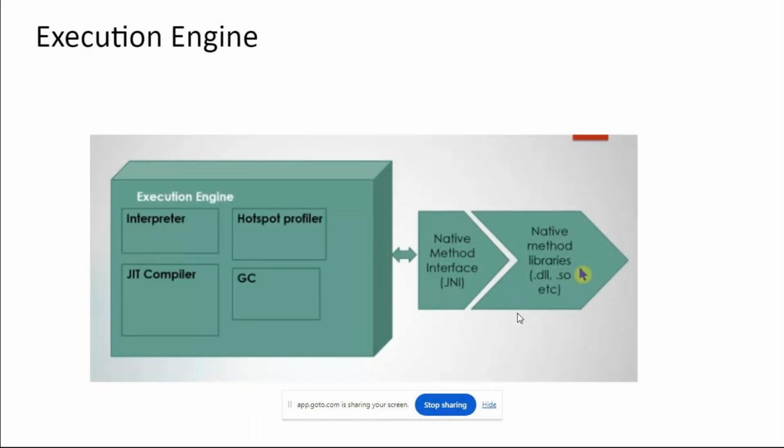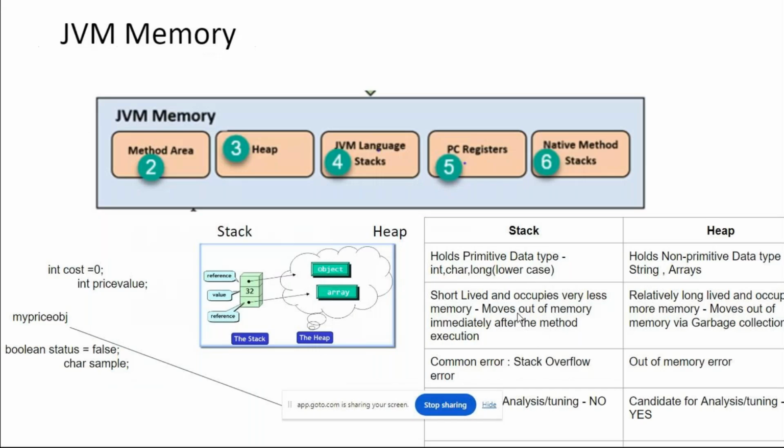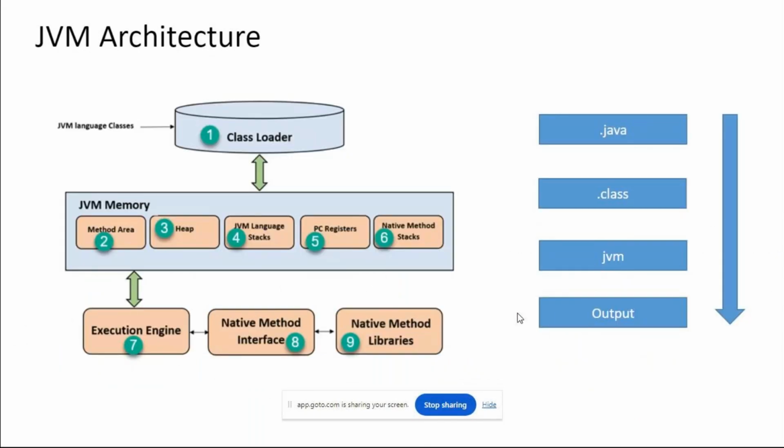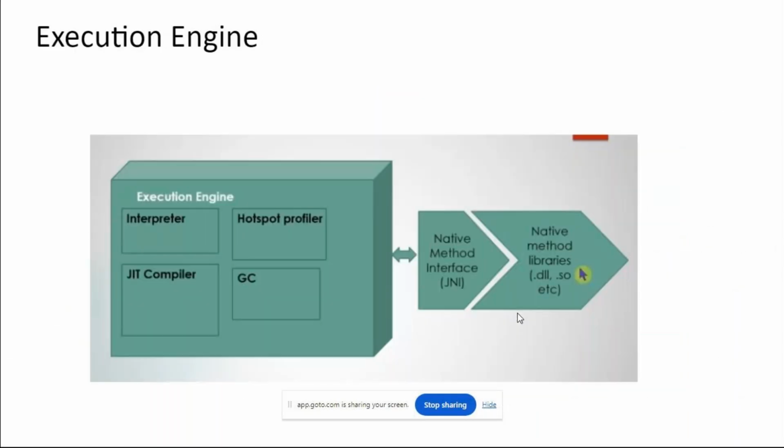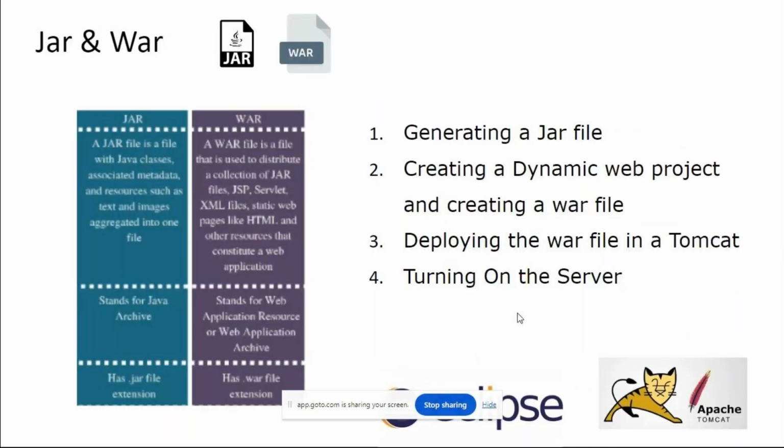The way it works is, you create your .java file in Eclipse, and when you compile it, it gets converted into a class file. That could be one class file, two class files, three class files. All these class files, you create a jar or a war. It is kind of archiving, or zipping.